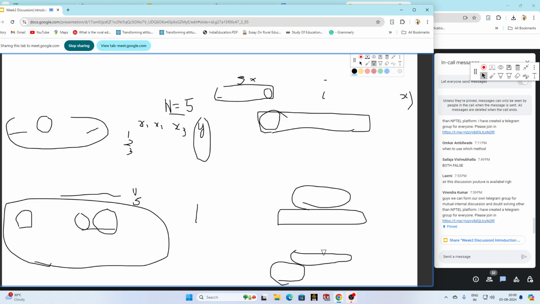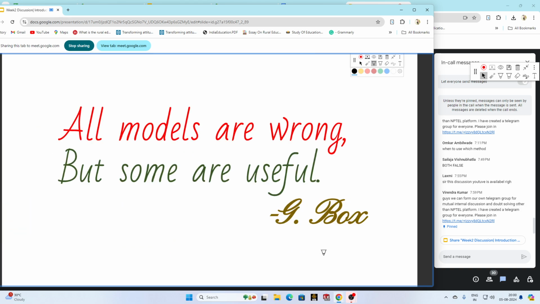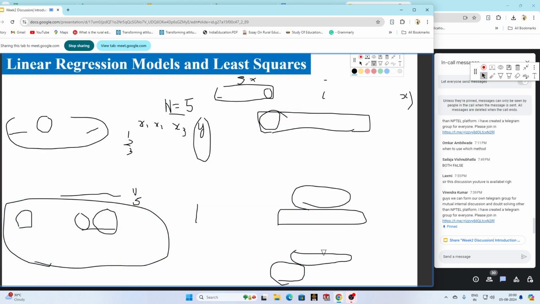This is one of the popular sayings of machine learning. Now, linear regression model and least squares.